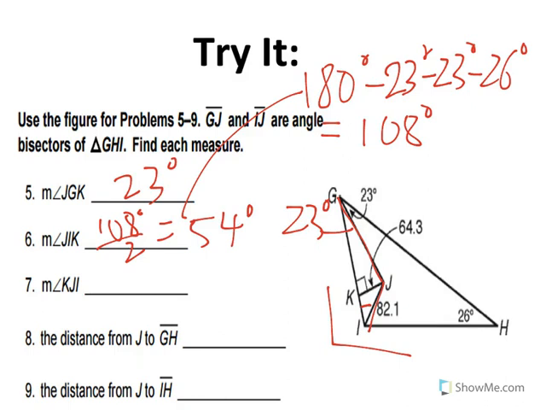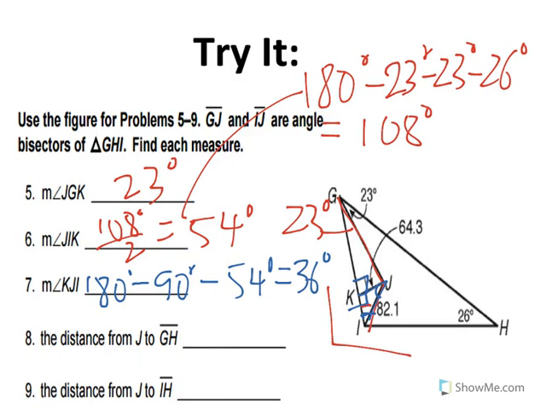For number 7, we're looking for KJI. KJI is this angle here, and this is a right angle. This is also a right angle. So we take 180 minus 90 degrees, and this angle here is 54 degrees, so minus 54. That gives us 36 degrees.